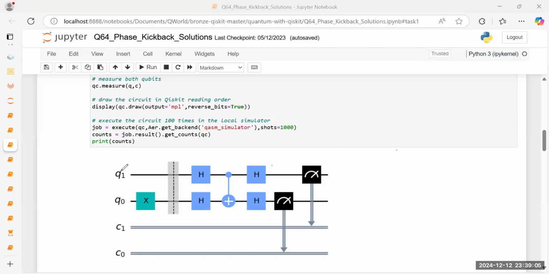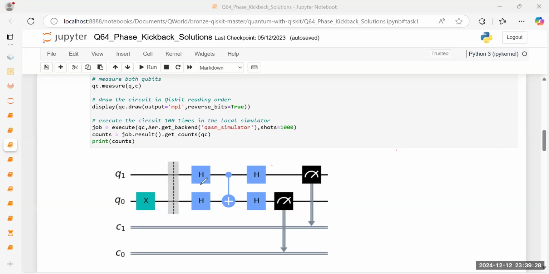So when we start off, all our qubits will begin with 0. And then we were looking for a 0, 1. That was why we applied an X gate here. So this makes it 0, 1.